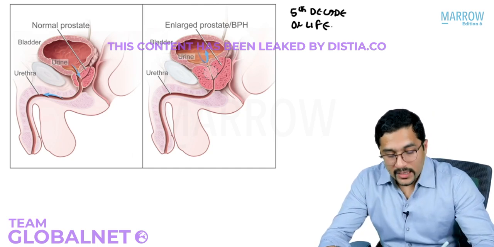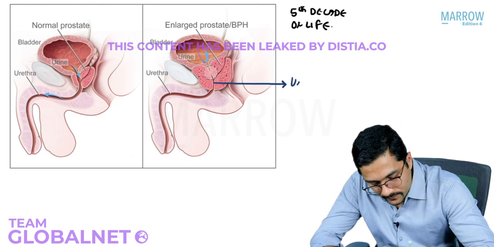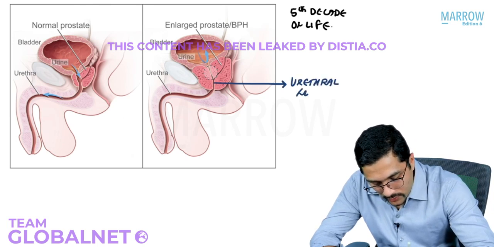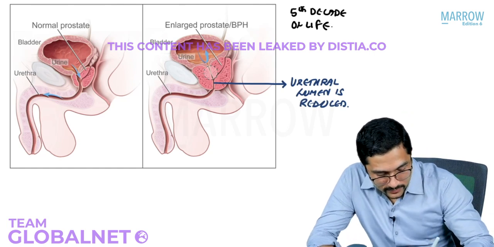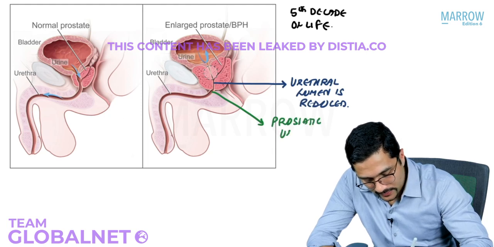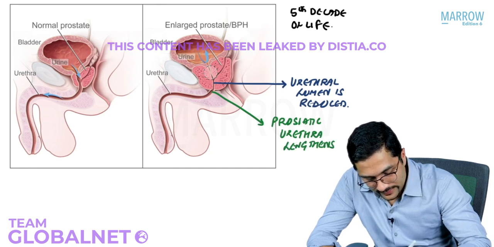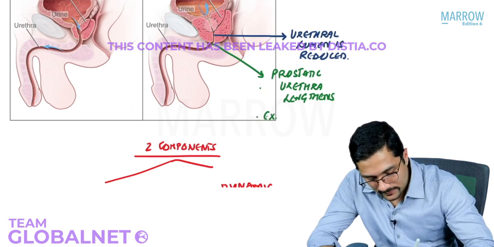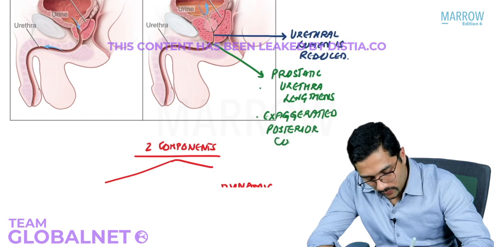But when there is benign prostatic hypertrophy, first thing which you can see is that the urethral lumen is reduced, and because of this, the prostatic urethra gets lengthened, and there can be an exaggerated posterior curve of the urethra.